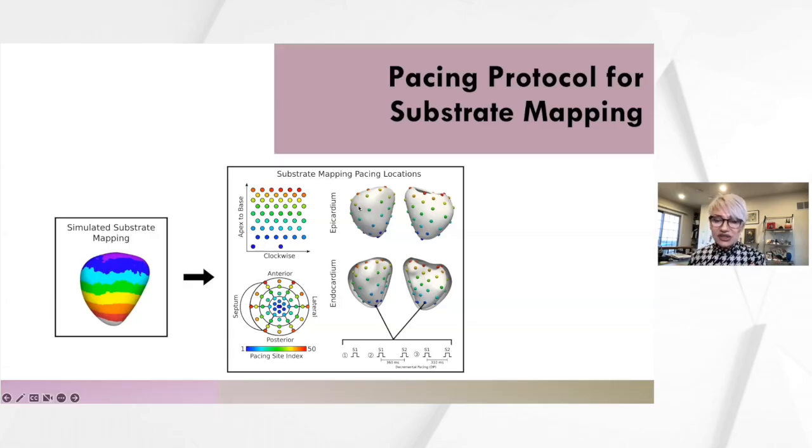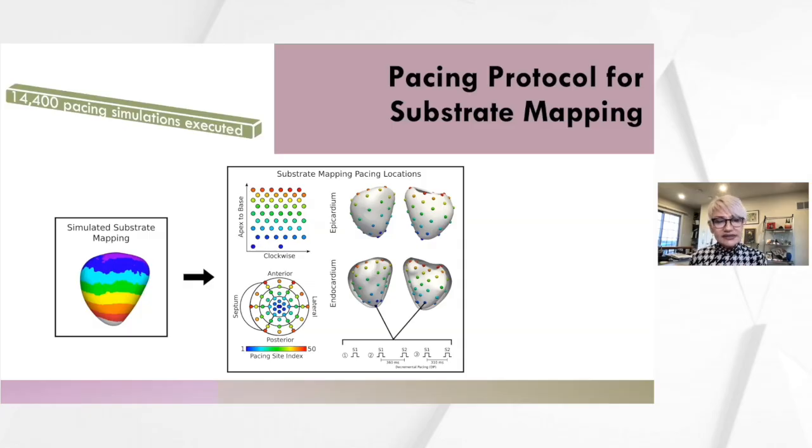We also explored decremental pacing. You can see here, in addition to just the S1 protocol, we had S1 plus S2 at 360 milliseconds and another protocol where the S2 was a little bit shorter. We executed over 14,500 pacing simulations from these many pacing locations and for these different protocols.